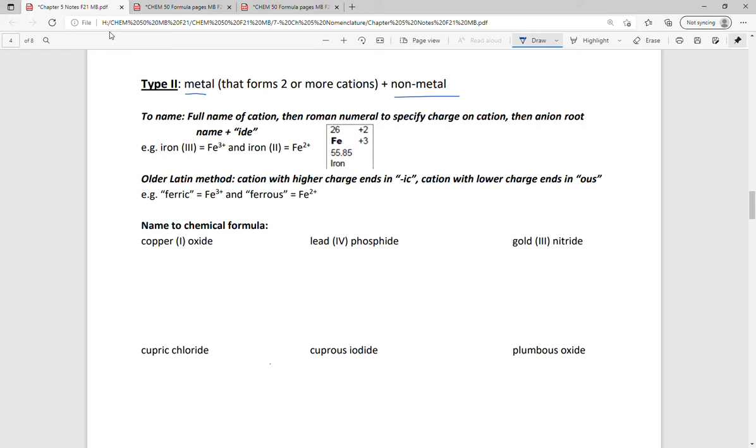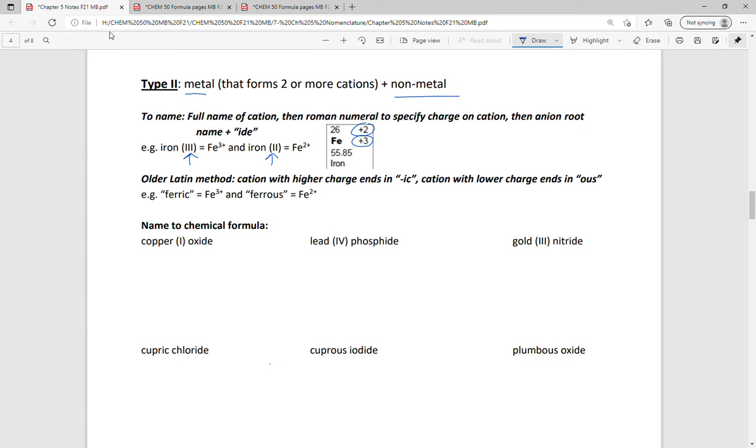And in that type 2 naming system, you basically have two different ways. So you can do it with the Roman numeral system, which is kind of the stock naming system. It's the classic way where you just list the common ion behind. So iron could be +2 or +3.